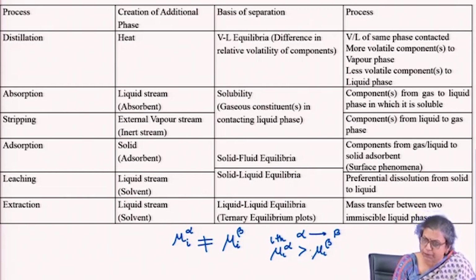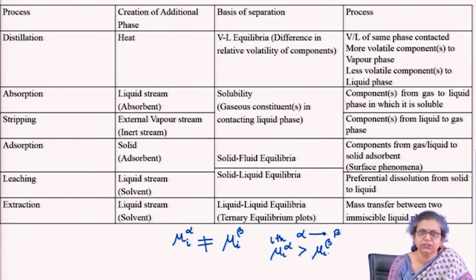And therefore, the composition of i corresponding to mu i alpha and the composition of i corresponding to mu i beta, these two particular compositions have to correspond to mu i alpha equal to mu i beta for the mass transfer to stop.